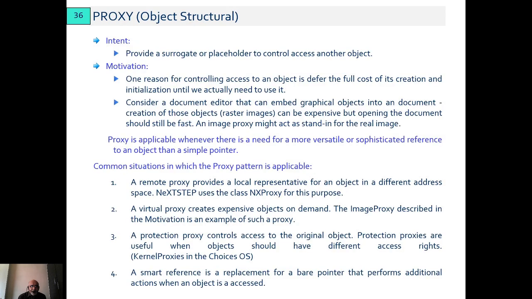Moving next, that is the object structural proxy, providing a surrogate to access another object. Here, one reason for controlling the access is to defer the full cost of its creation and initialization, because a proxy is a surrogate. It's not the original, but it is not a clone. There is a difference between a clone and a surrogate.